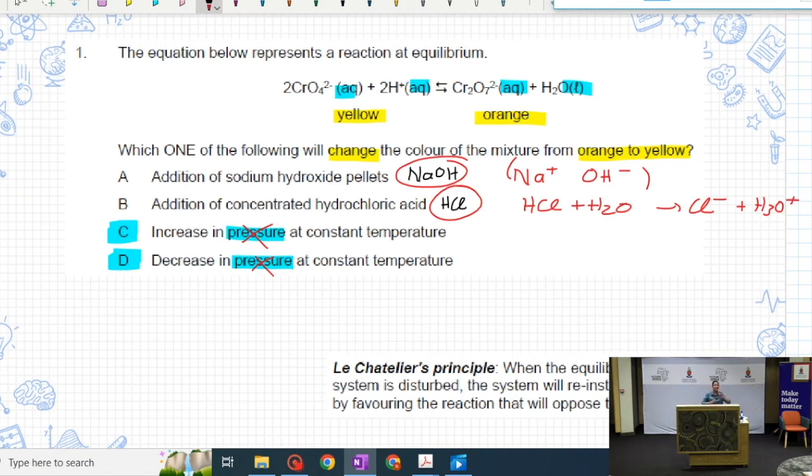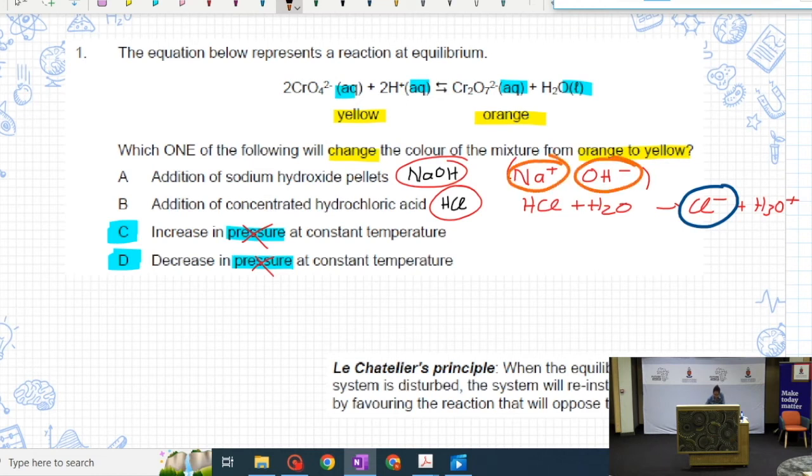So your ionic substances dissociate. Your covalently bonded substances, specifically your acids, are going to ionize. So in this case, when I put HCl into the solution, it's going to produce Cl minus ions. When I put sodium hydroxide into the solution, we're going to produce sodium and OH minus.